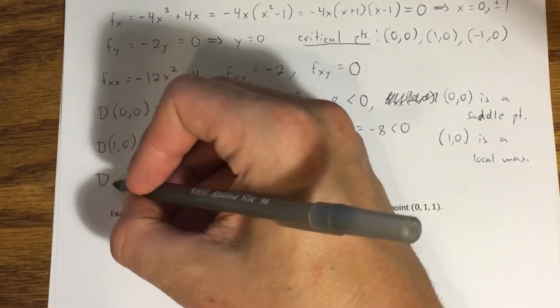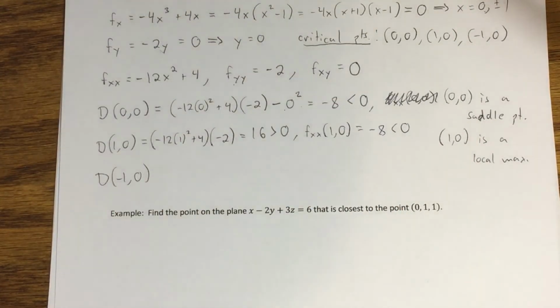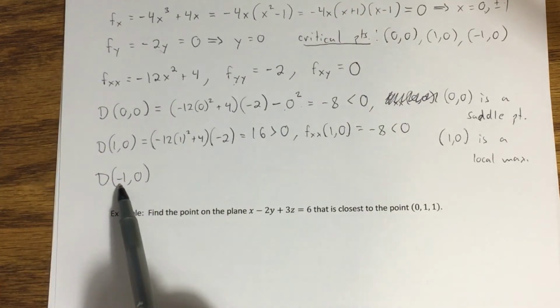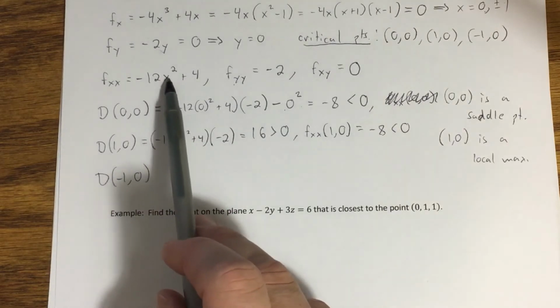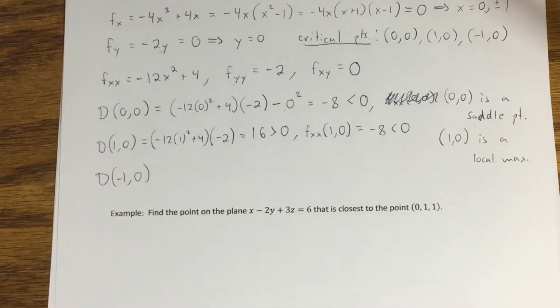Let's do the same thing with the other point, D of negative 1, 0. Now notice something. The only place I actually plug an x in to any of this is right here, and I'm squaring it. So negative 1 squared is going to give me the same thing that 1 squared is going to give me.